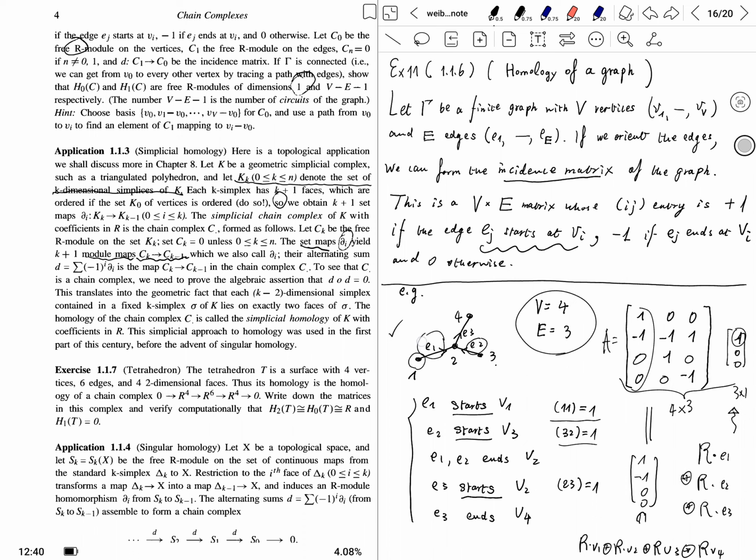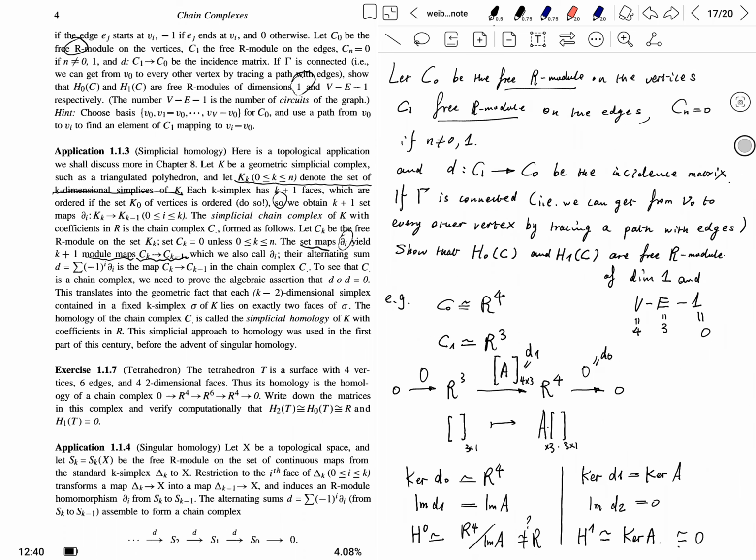That's how this matrix records this graph. If your edge starts from V1 to V2, then this matrix applied on the edge gives you V1 minus V2. This is great, right? This is what we want to remember, the information of this graph.